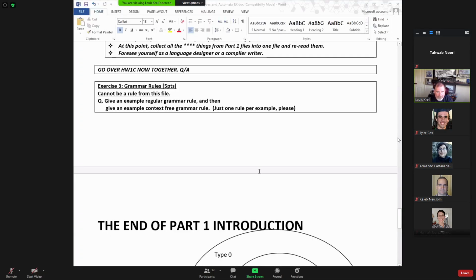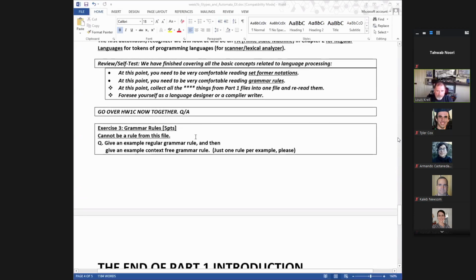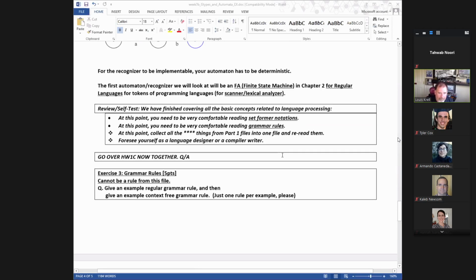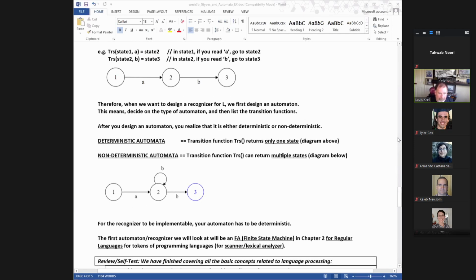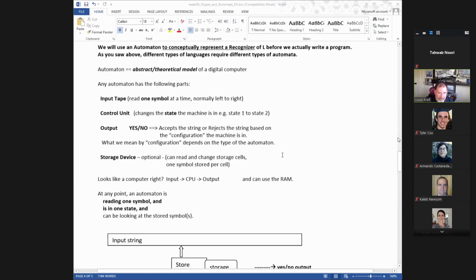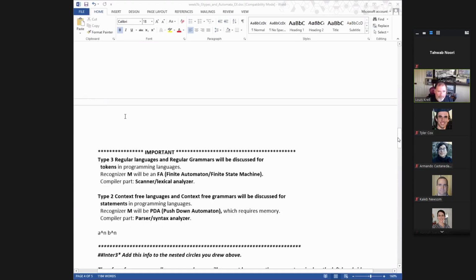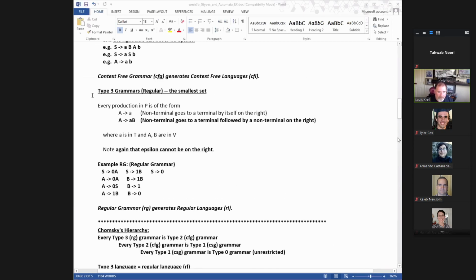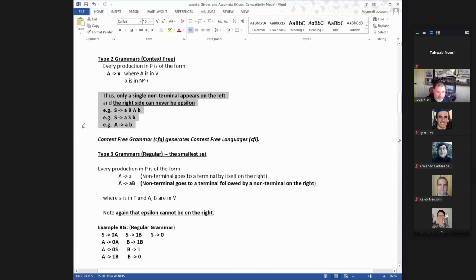One of the exercises, and we do have some time for this week, is just to show me an example of a regular grammar rule and one example of a context-free grammar rule. Let's scroll up to here, where these are the examples of a context-free grammar rule, and these were the examples of a regular grammar rule.